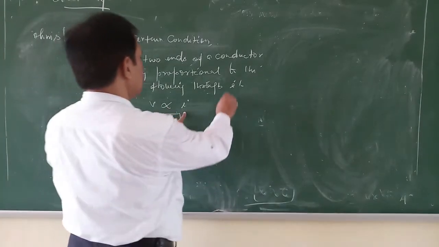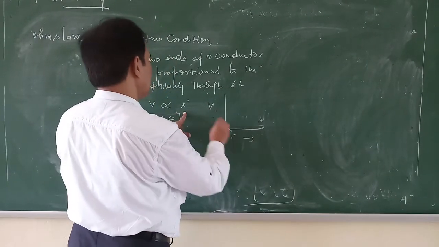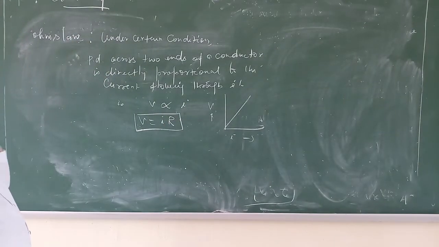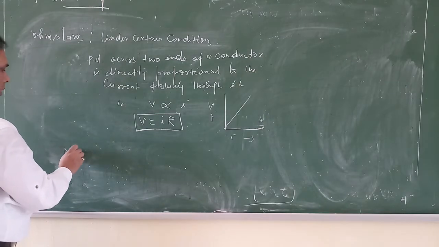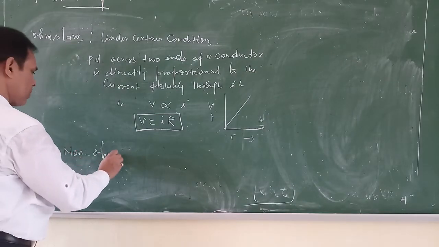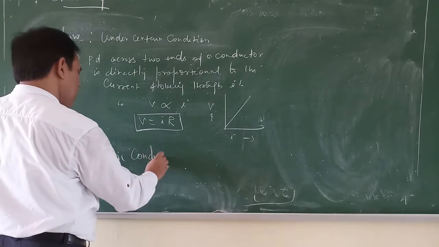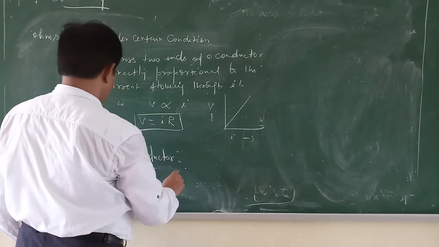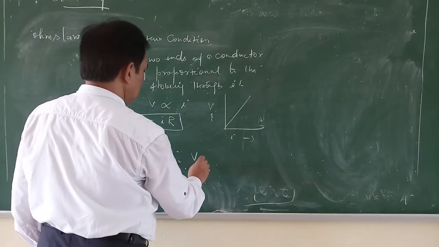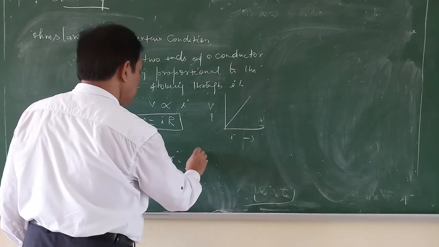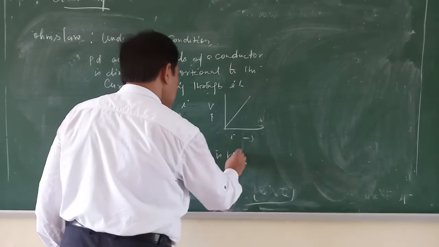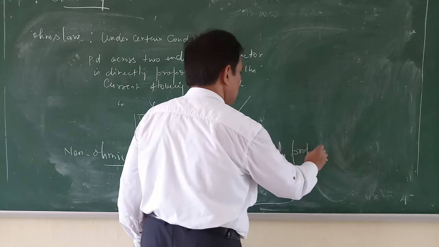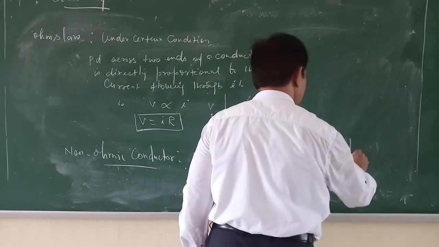If you plot the graph between V and I, this graph will be a straight line. This is for an ohmic conductor. For a non-ohmic conductor, the potential difference is not directly proportional to current.